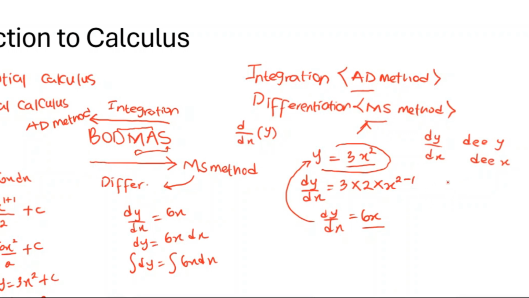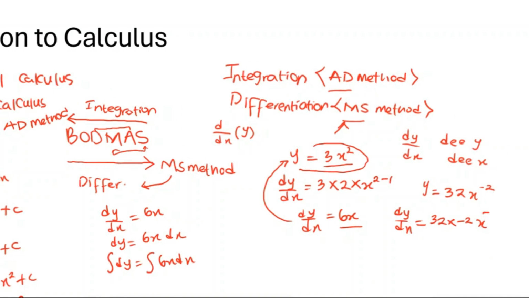If we have y is equal to 32x raised to power minus 2, and we are told to differentiate y. So here, our dy/dx will give us, we use the MS method, you multiply the coefficients by the power, you write the letter, then you subtract 1 from the power, which will be minus 2 minus 1.